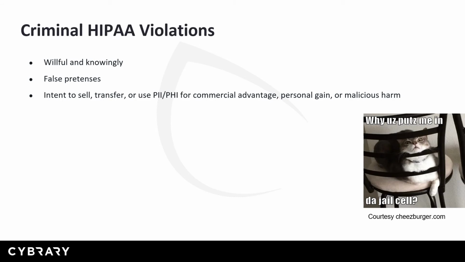For offenses committed under false pretenses, the penalty can be up to $100,000 and imprisonment up to 5 years. And then for offenses committed with malintent, right? So the intent to sell, transfer, or use the information for commercial advantage, personal gain, or, as I mentioned, malicious harm, penalties up to $250,000 with imprisonment up to 10 years. So you can get hit with quite a bit of criminal time for HIPAA violations.